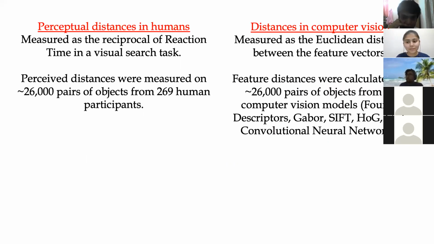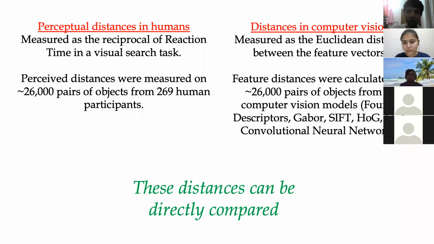And we also measured distances in computer vision as Euclidean distance between the feature vectors. These feature distances were calculated on the same 26,000 pairs of objects across 23 computer vision models. So now we have the distances that we wanted on the image set that we have. And these distances can be directly compared now, right?